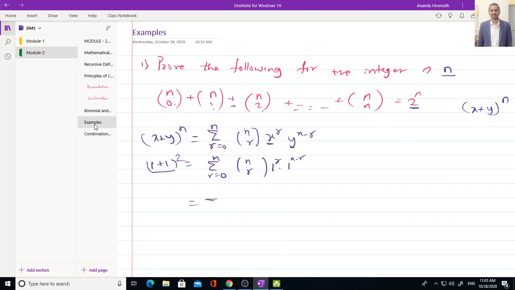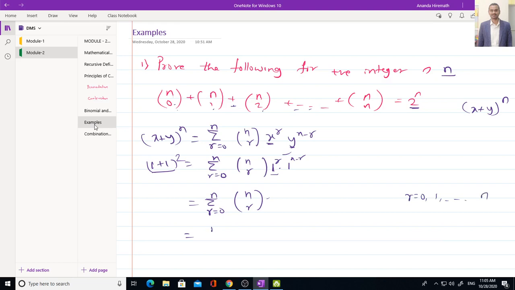Now it will be summation of r equal to 0 to n, then nCr, because 1 raised to anything is 1. So it will be simply nCr. Now go on replacing values of r starting from r equal to 0, 1, 2, so on up to n.